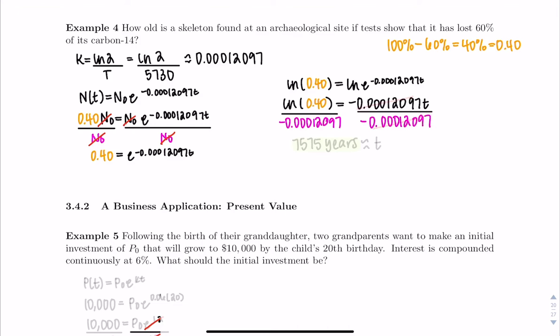So they cancel on the right, and we end up getting about 7,575 years old for t.